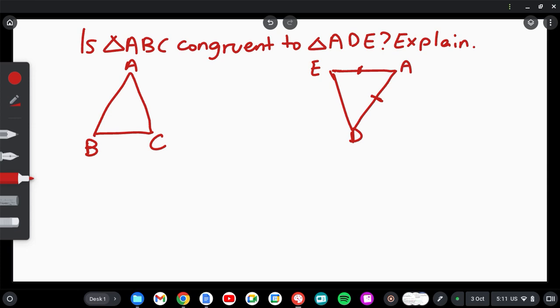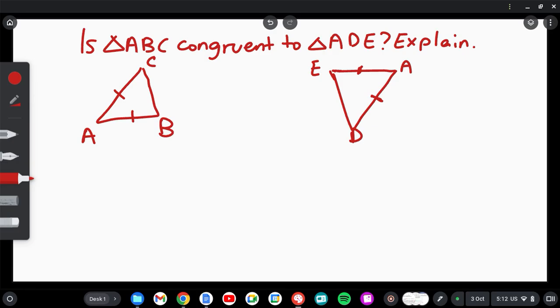Now, in congruency, you must be able to tell me whether they are congruent or not.